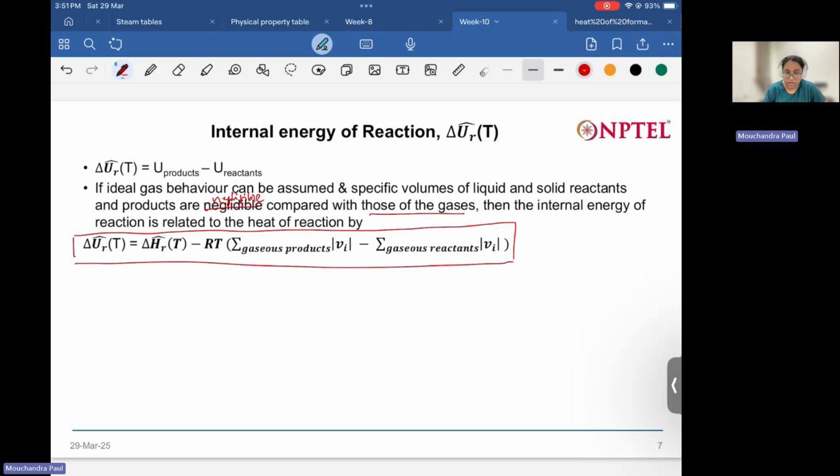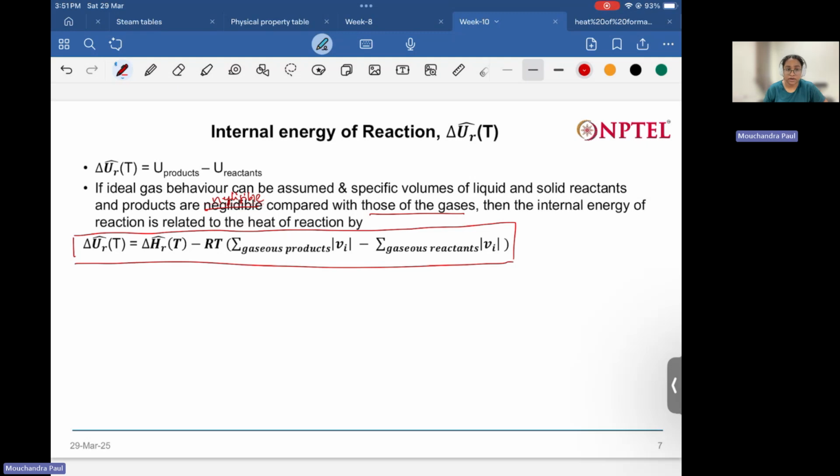Change in internal energy of the reaction is given by the heat of the reaction at temperature T minus RT, where R is the universal gas constant and T is the temperature at which the reaction is conducted, into the summation of the stoichiometric coefficients of the gaseous products minus the summation of the stoichiometric coefficients of the gaseous reactants.